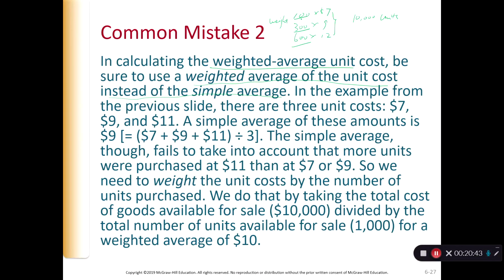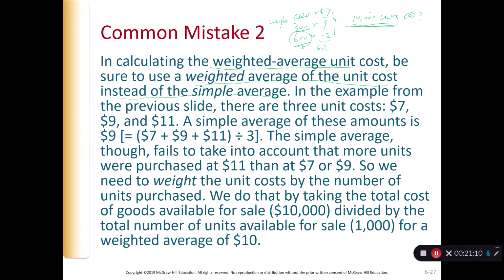So 100 units at $7 is a very weak voice in determining the price of this $10,000. The 300 is relatively okay, but the 600 at $12 each is a very loud voice because it contains about 60% of this whole jar.